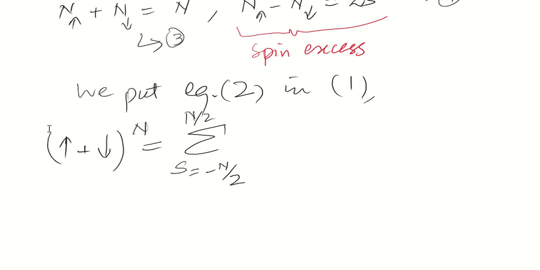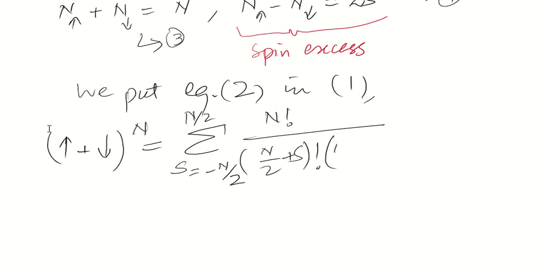Now we write n half plus s factorial, n half minus s factorial. We put the values as they are: up spin raised to the power n half plus s, and down spin raised to the power n half minus s, and this we call equation 5.